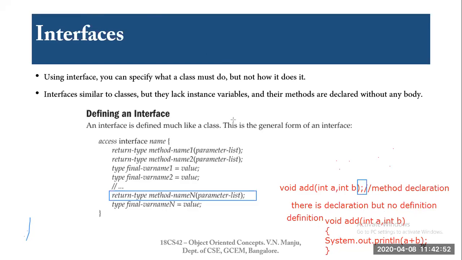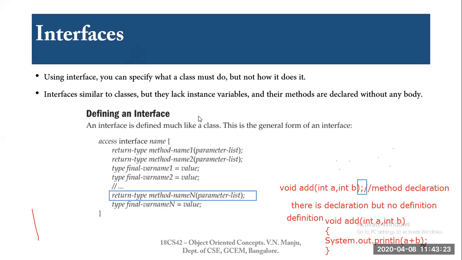You can see everywhere, declaration, declaration, declaration, but there is no definition. You can have your methods, you can have your variables, and then what is the use of it? If it is so abstract and there is no definition, then what is the use of it?